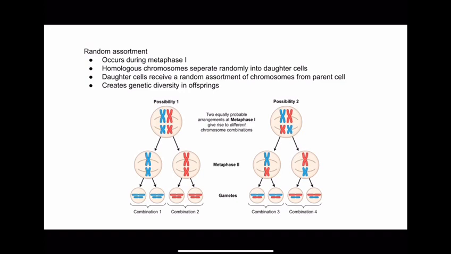And random assortment is influenced by a variety of factors, including the orientation of chromosomes on the spindle fibers and the independent nature of the separation of each chromosome pair. And overall, random assortment is a crucial process in the genetic makeup of offspring, as it generates diverse genetic combinations that are the foundation of evolution.